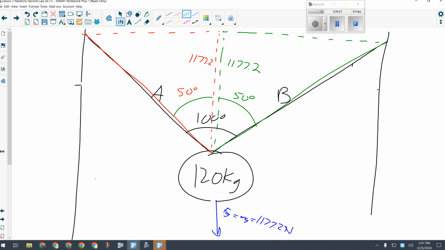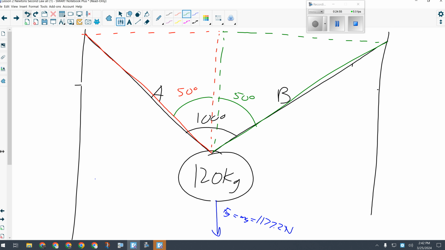And then I have a net force of 1177.2 newtons. Didn't we just say the net force was 0? If I write it like this, that mass is flying upwards at 9.81 meters per second squared up. It ain't doing that. Okay? And it's not doing that because those forces are not 1177.2. They are half of that.